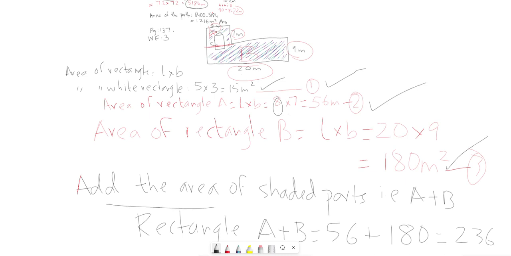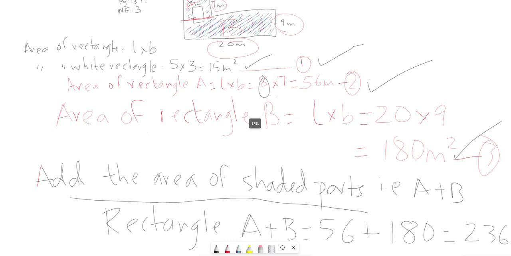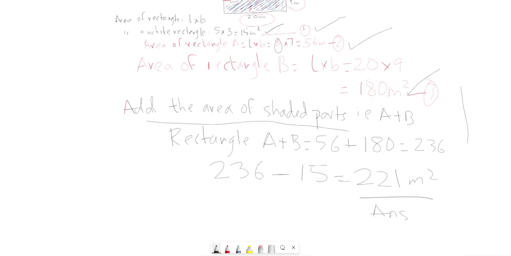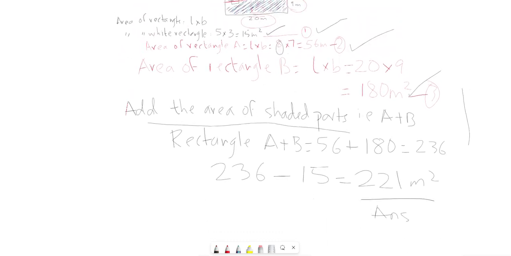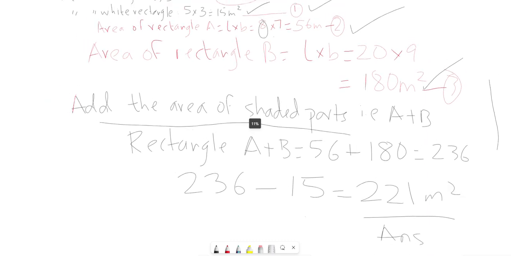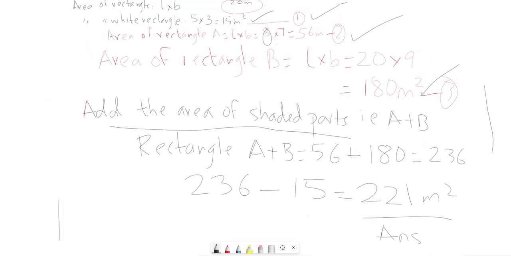Then we added the areas and subtracted the area of the unshaded white part from it and found the answer, that is 221 meter square. So this is how we find the area of composite shapes. I hope you understand this. I hope you get it.